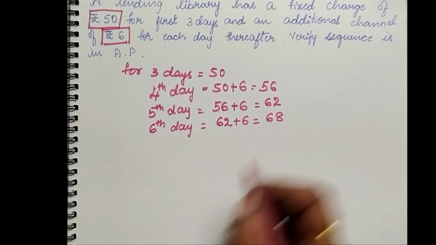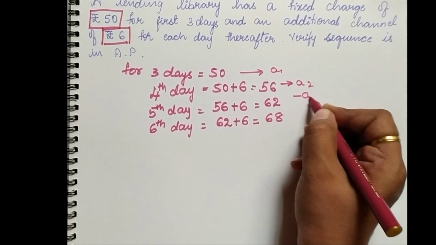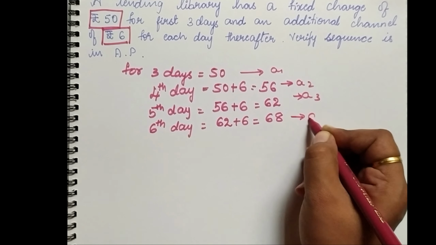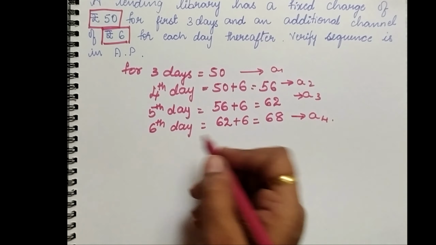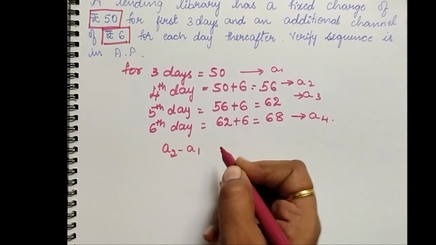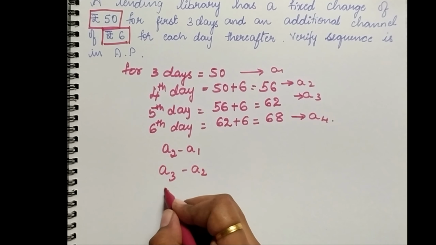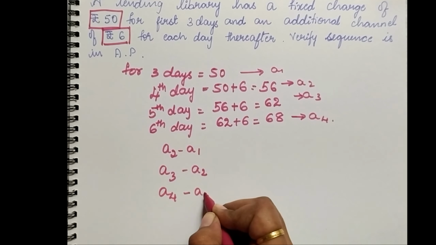Now this is my A1, A2, A3 and A4. When I want to find the common difference, A2 minus A1, A3 minus A2, A4 minus A3.